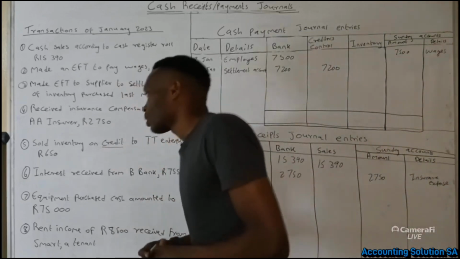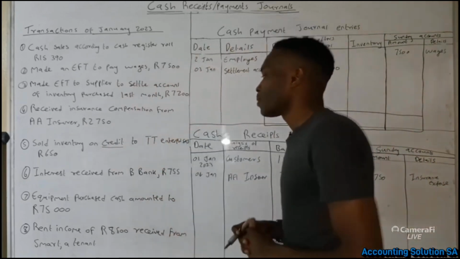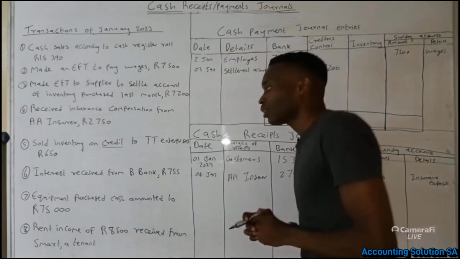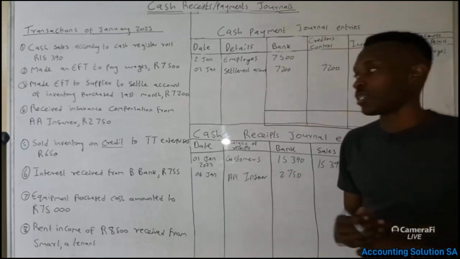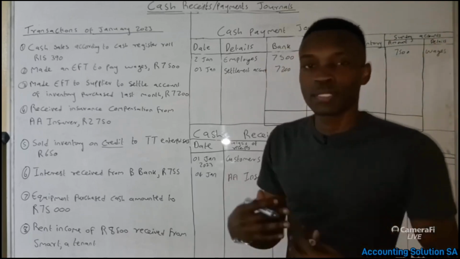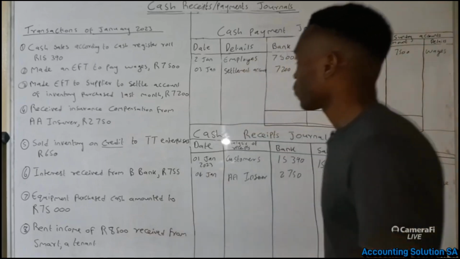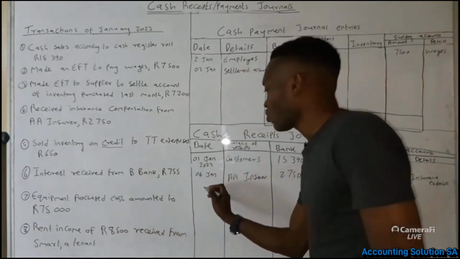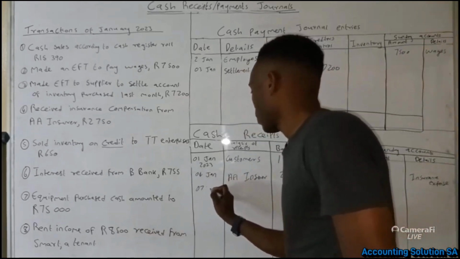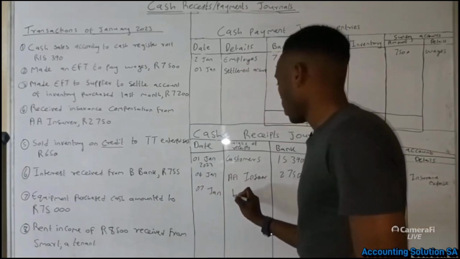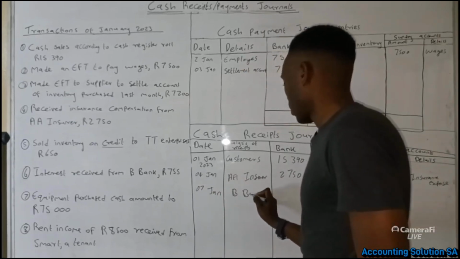Okay. Number 6, interest received from B Bank of 755 has been received. We received the interest, which means that it is cash receipts journal. Okay, we receive interest on 7 January. We receive interest from B Bank.